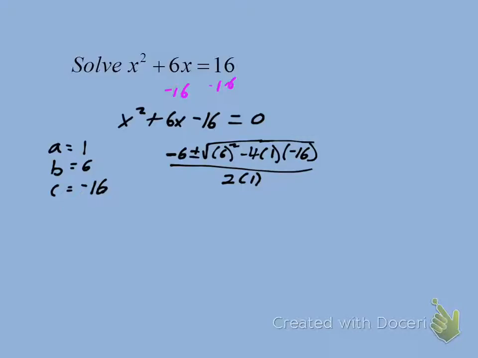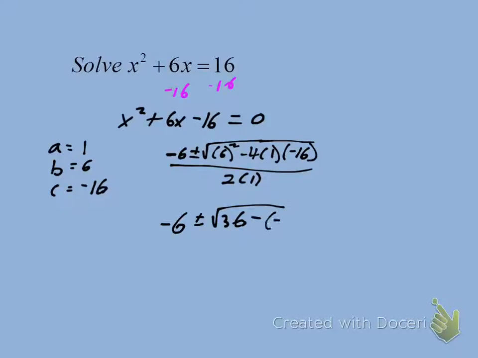Alright, go through, start simplifying. So you have negative 6 plus or minus the square root. 6 times 6 is 36. Minus, what's 4 times 1? 4. What's 4 times negative 16? Negative 64.